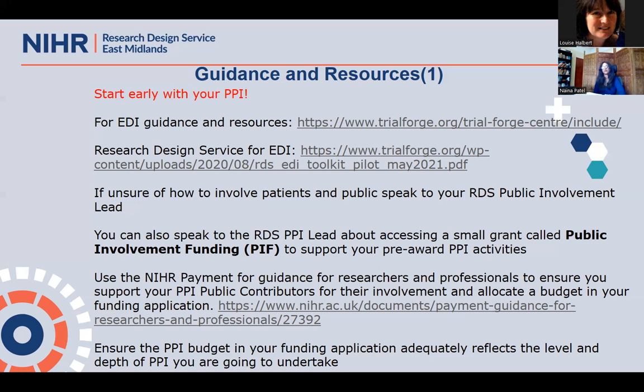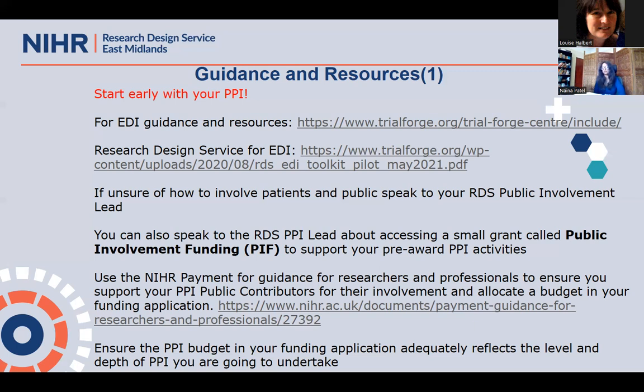And use the NIHR payment guidance for researchers and professionals to ensure you support your public contributors for their involvement and allocate a budget in your funding application, including once the research is awarded funding. And ensure the PPI budget in your funding application adequately reflects the level and depth of PPI you are going to undertake.